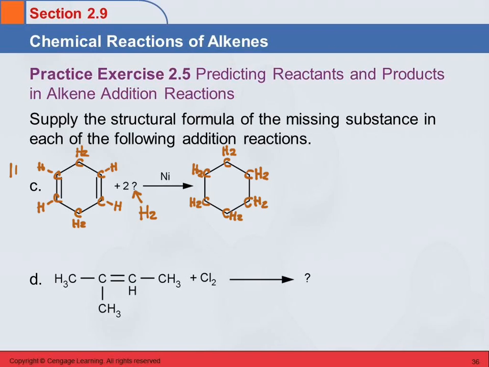So we had a hydrogen adding across that double bond and a hydrogen adding across this double bond. It comes in, removes the double bond, and now this is a saturated cyclohexane.